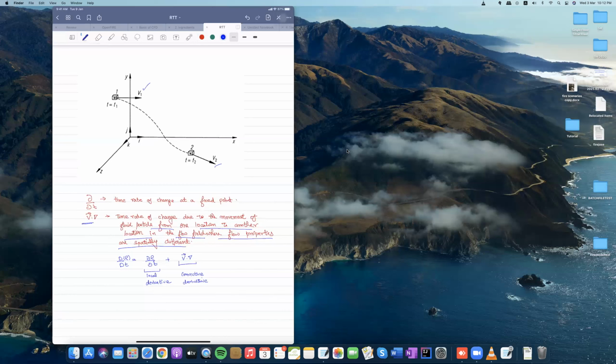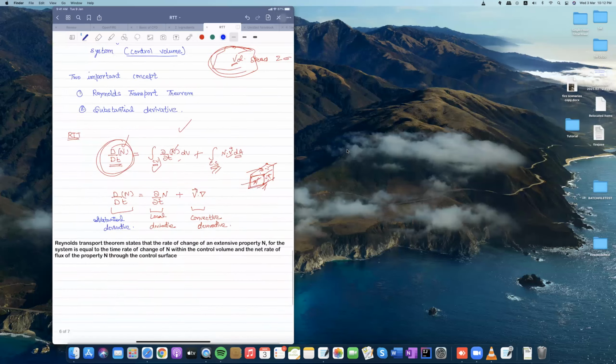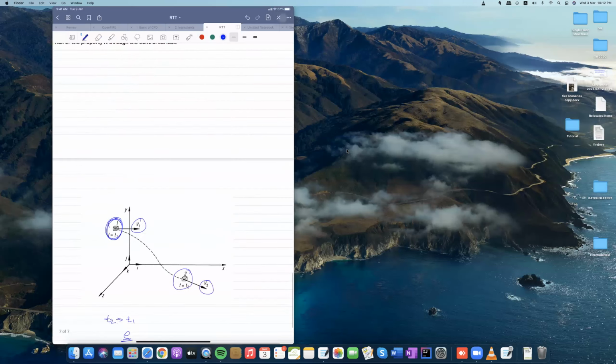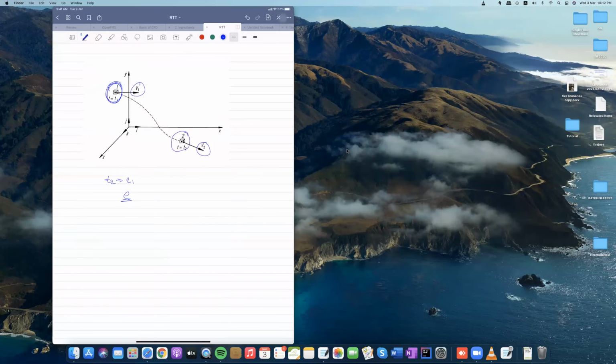So basically, the total change in, for example, the density is a change due to local condition, and convective means change from moving from one place to another place. So because of the movement of the particle, and change within where it is located at a fixed point. Let's understand in a more physical way.